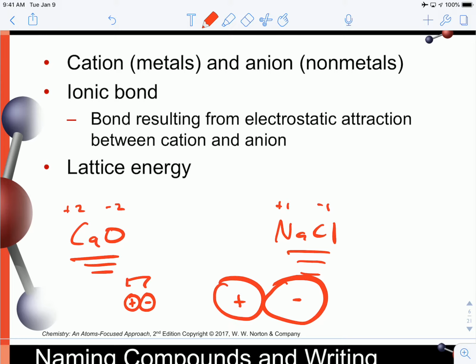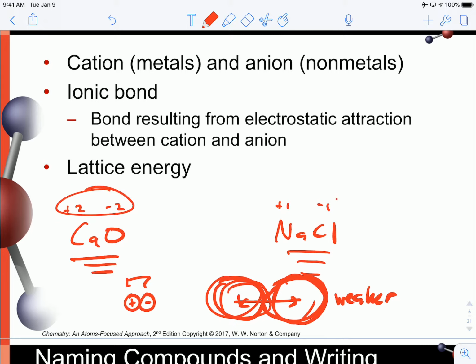And the reason it's weaker is because, keep in mind, electrons here are attracted to this nucleus, and electrons here are attracted to this nucleus. So the larger the distance of separation makes this a weaker bond. So those are two things to look at. By far, the charge is more important than the distance of separation, all things being equal.